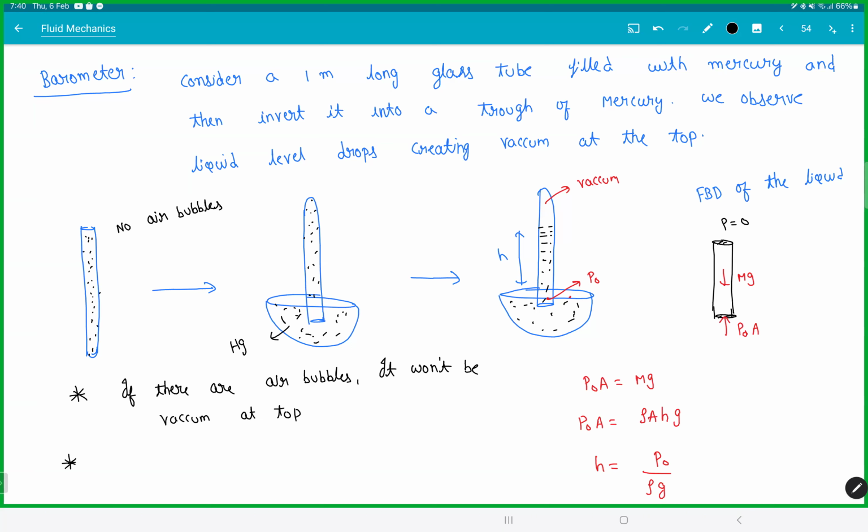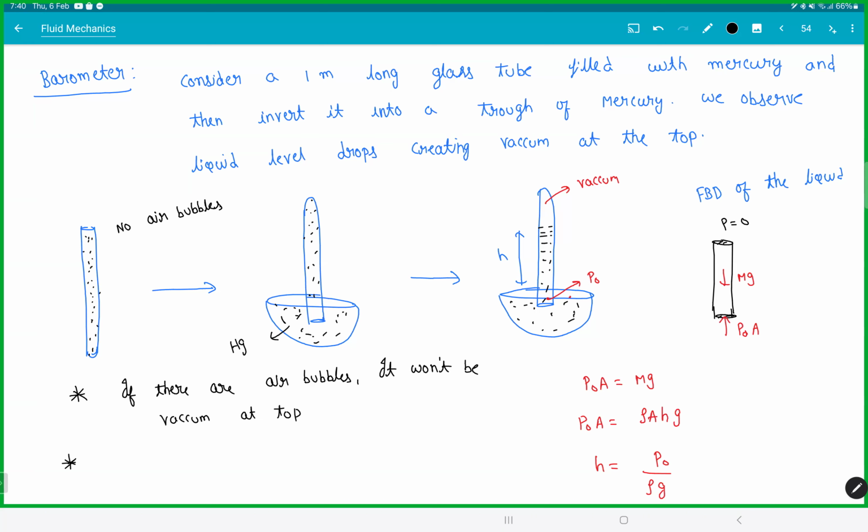So let's say we have a barometer like this. Now tell me what happens in this case. Let's say case 1.